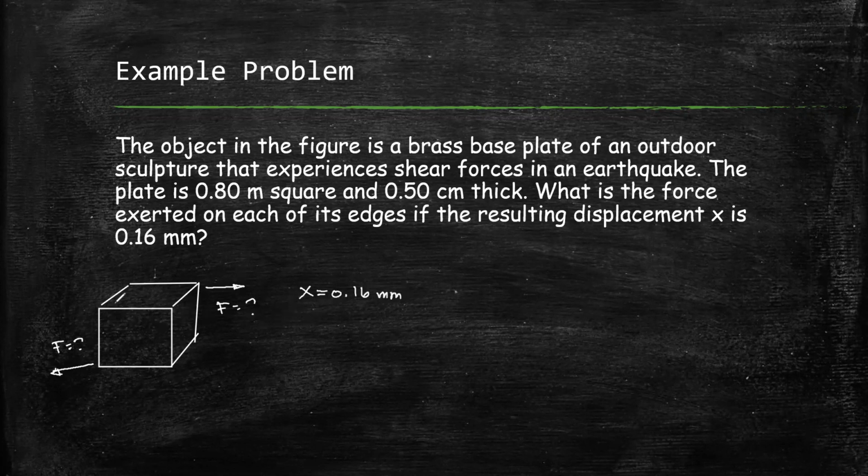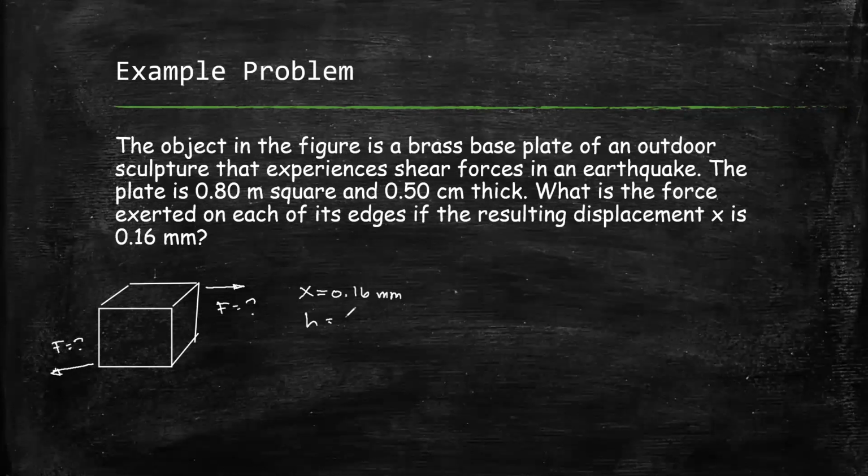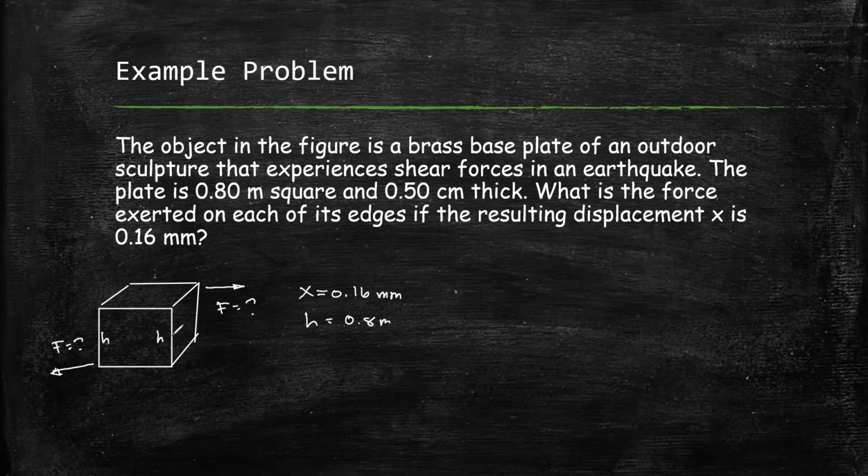So our original height is 0.8 meter. This is our height, which is 0.8 meter. And the thickness, this is the thickness, is 0.5 centimeter. And we're looking for the force.